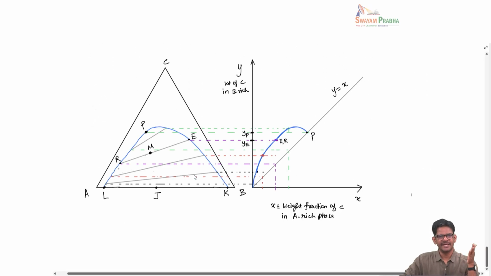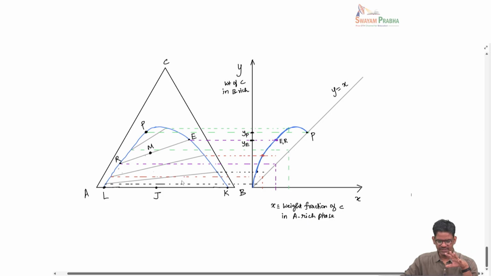What you see on the left hand side is the same data that I presented before. Now, what we are trying to do is map this data into an equilibrium curve, where we want to relate the mole fraction of C in the B rich phase versus the mole fraction of C in the A rich phase.